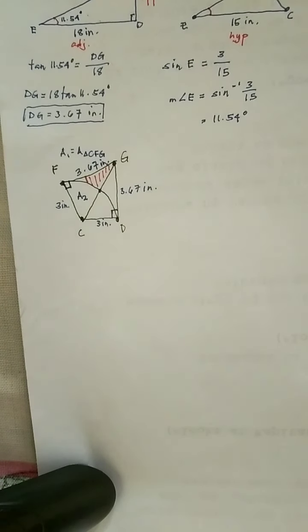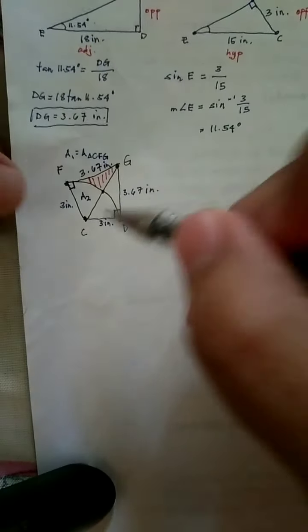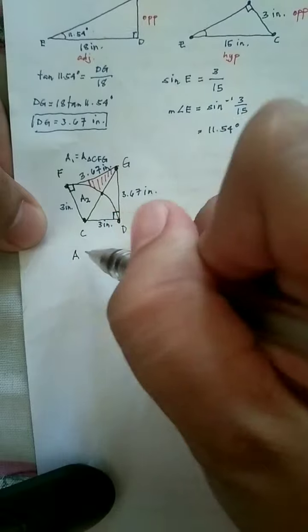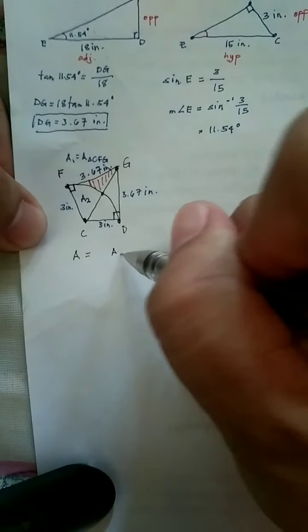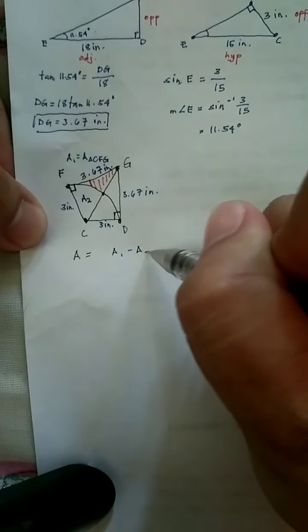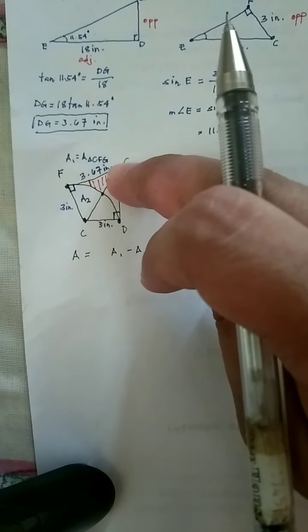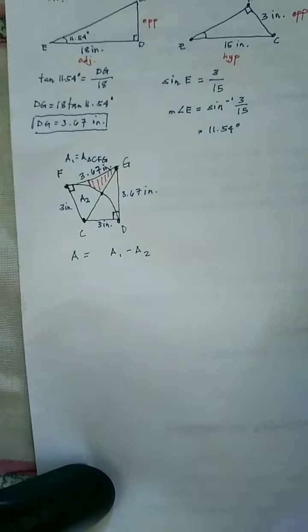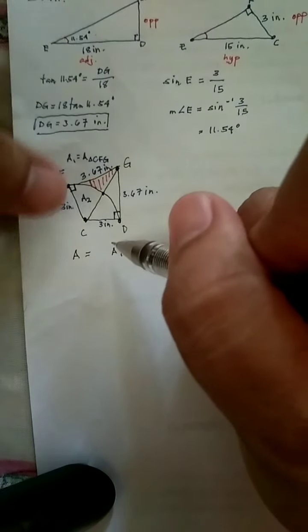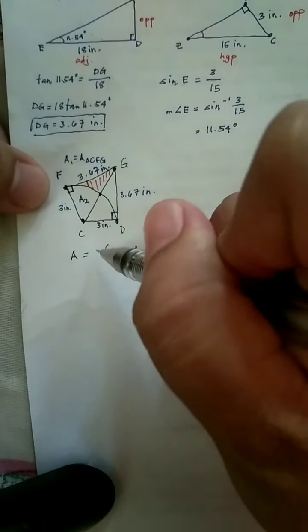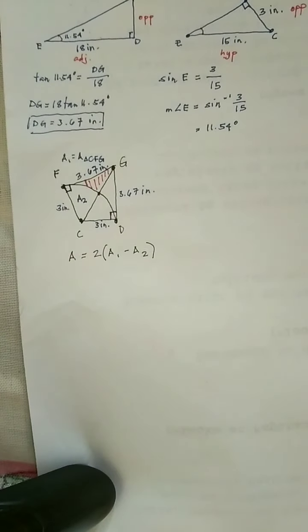But first, let's formulate the area formula for the shaded region. So area is area 1 minus area 2, which pertains to this first half. To get the other half, you need to multiply the whole thing by 2. So, 2 times area 1 minus area 2.